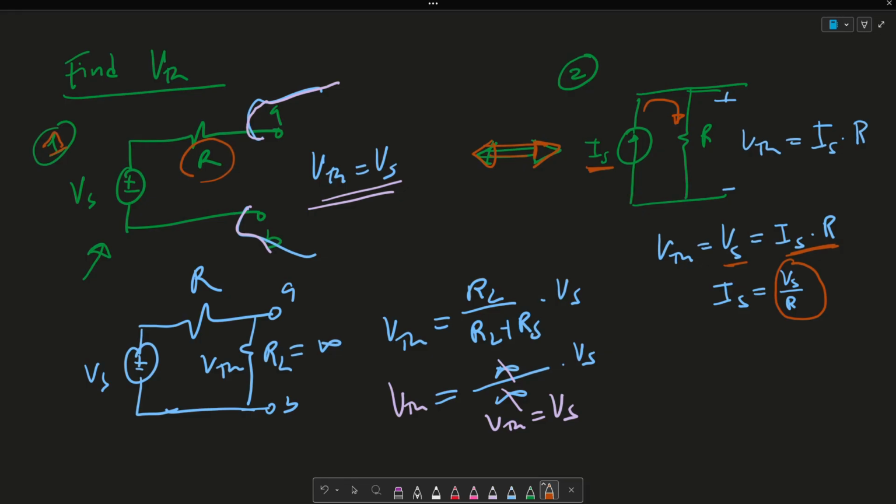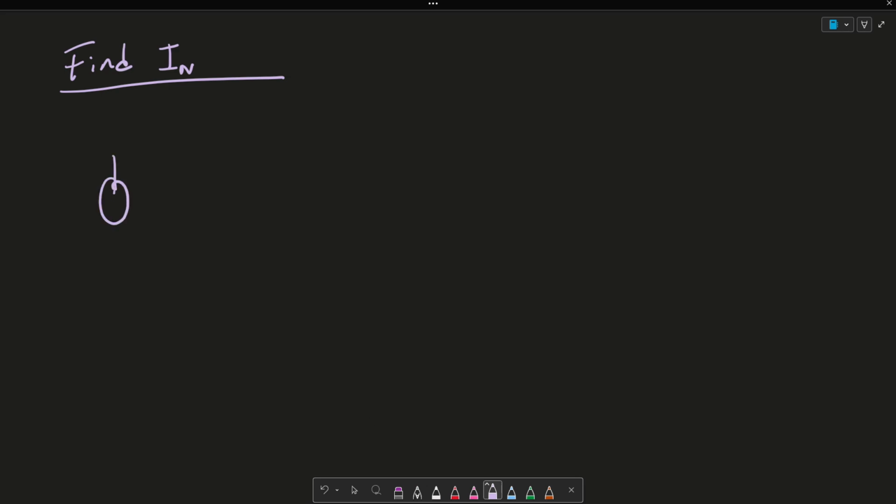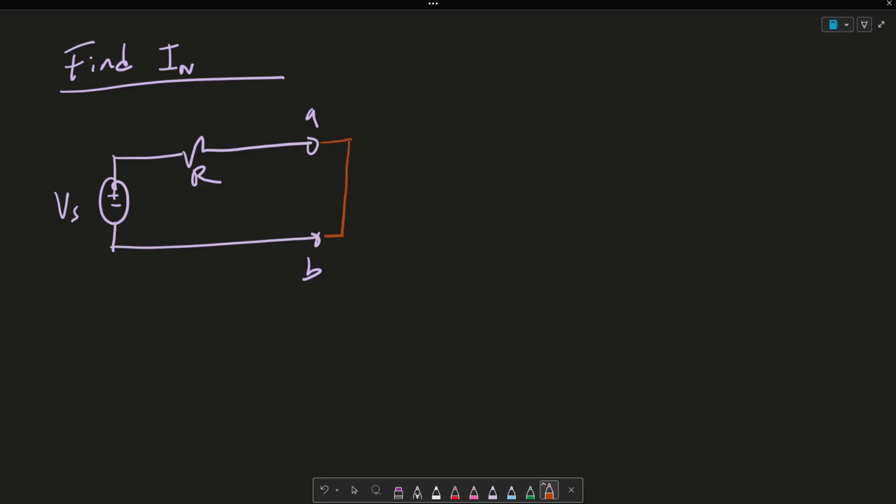All right, so let's do the Norton method just as a refresher as well. So we want to do this by finding what's called Norton. We start off with our circuit, a voltage source VS in series with a resistor R. Norton says we're going to connect a wire, we're going to short this.